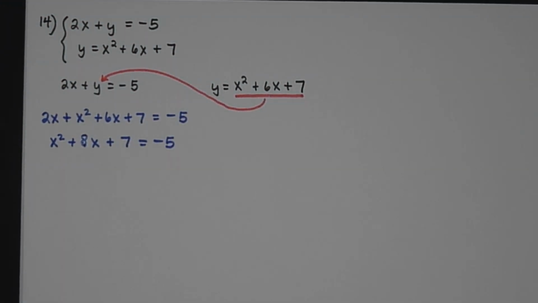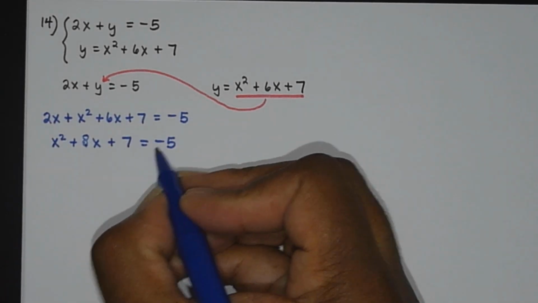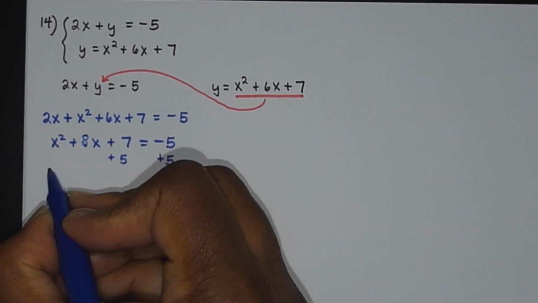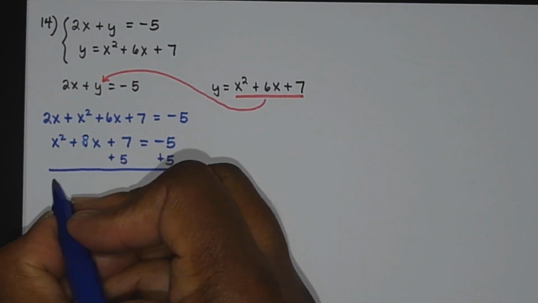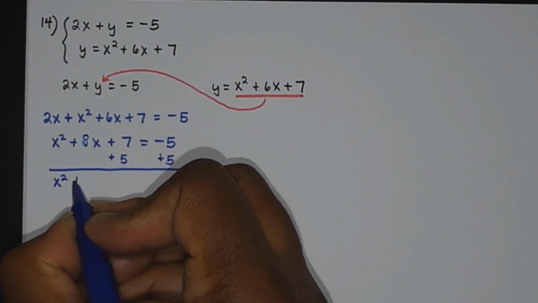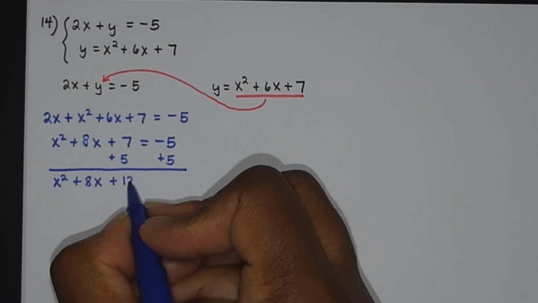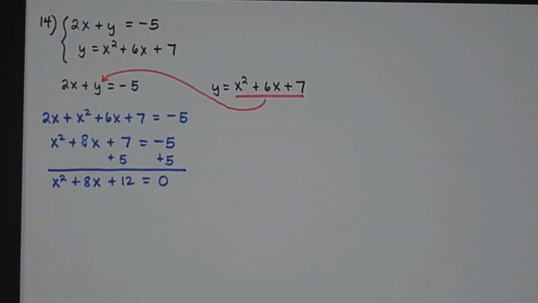So now we got a quadratic equation. And in this case here, we want a 0 on one side and all the other terms on the left-hand side. So let's move that negative 5 over by adding 5. So here we got x squared plus 8x plus 7 plus 5, that's 12, equal to 0.